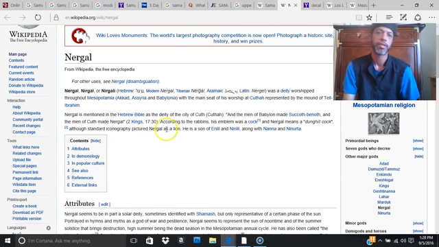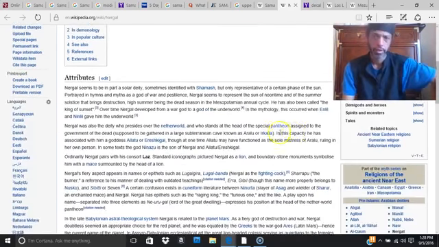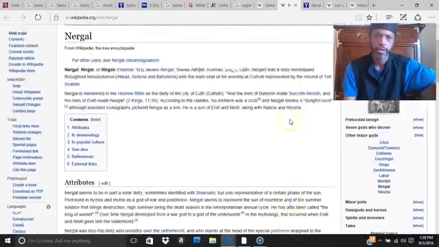Although according to iconography pictured Nergal as a lion, he is a son of Enlil and Ninlil, along with Nanna and Ninurta. Okay. Weirdness. Just straight weirdness.